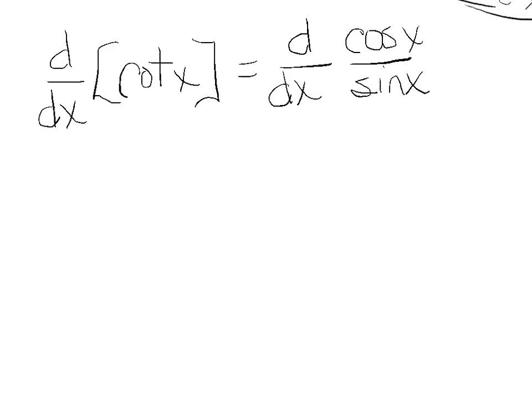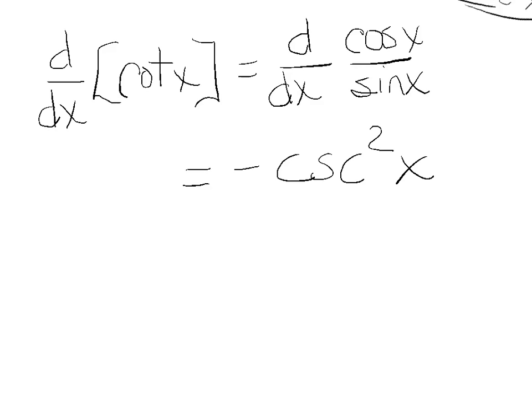So the derivative of the cotangent ends up being a negative cosecant squared x. So notice the cotangent and the cosecant. Whatever helps you to remember. But the nice thing about the tangent especially is if you remember what the tangent's equal to, you can come up with the derivative fairly simply.